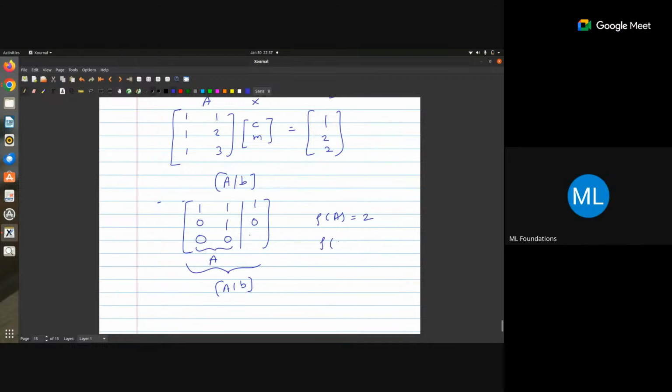Oh, sorry, this will not be the case, right? I just made it 0, 0. In that case, the first operations will be R2 minus R1 and R3 minus R1.